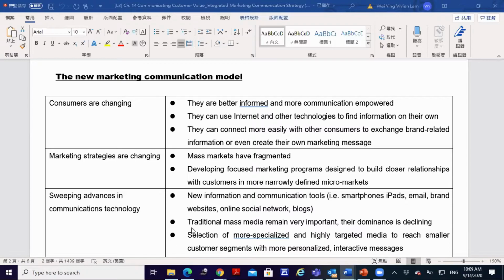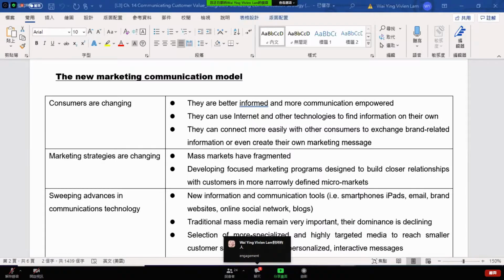In marketing we keep talking about engagement. Besides the experience, we also want to have high engagement with our customers. Engagement.